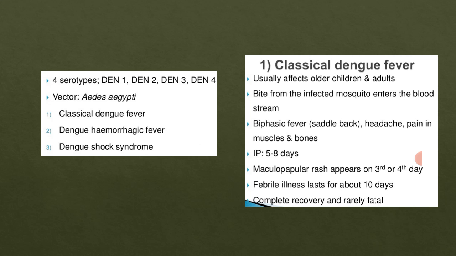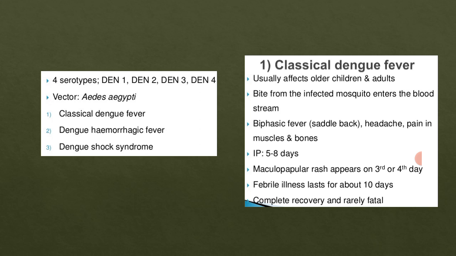The infected blood of the mosquito has the virus within it, so that blood is transferred into the host through the mosquito bite. Therefore, the virus particle is transferred via the vector into the host body.